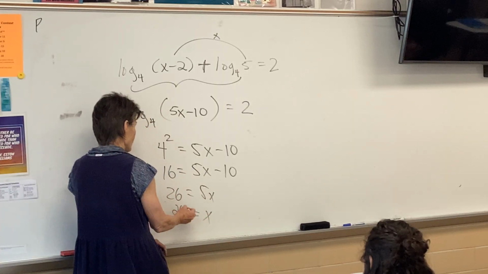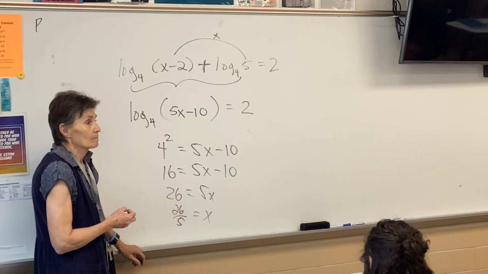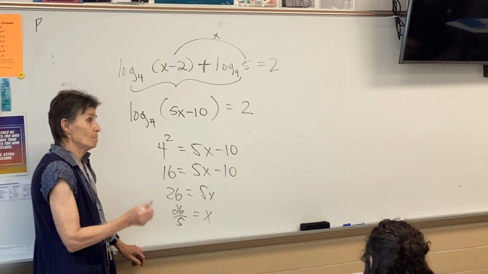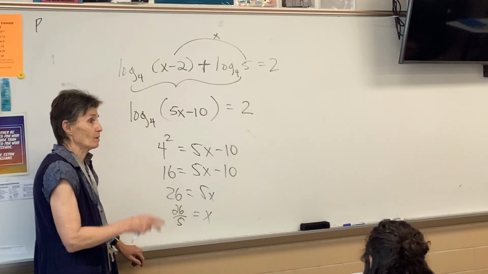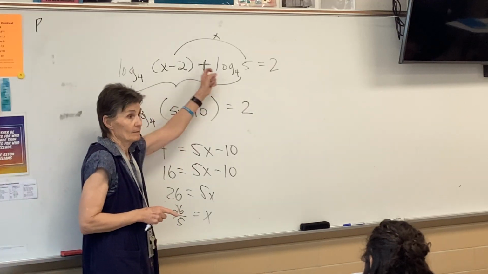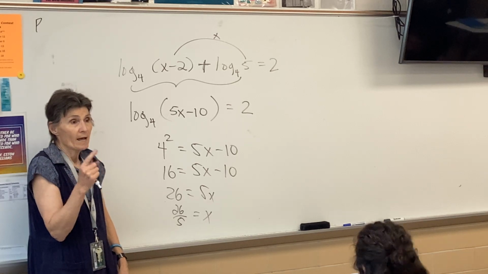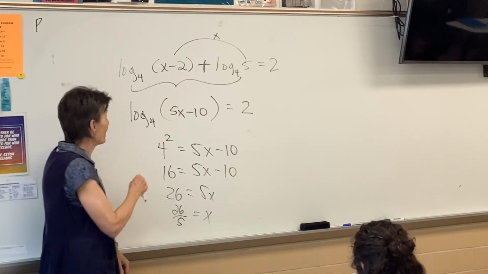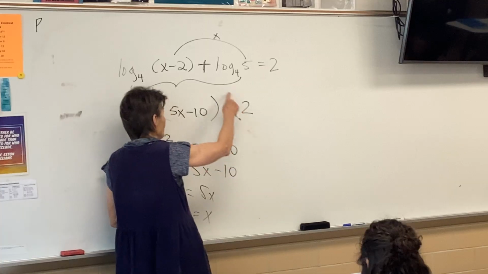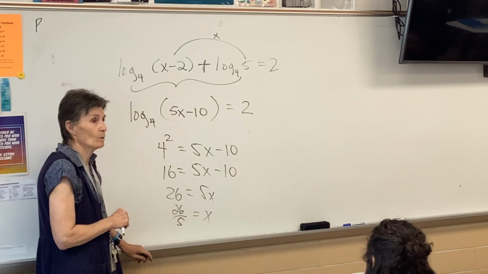And x equals 26 over 5. So, two things you've got to remember. First, the logs have to go together and make one logarithm. As soon as you do that, you have to remember you're going to loop-de-loop. And then it's just solving.